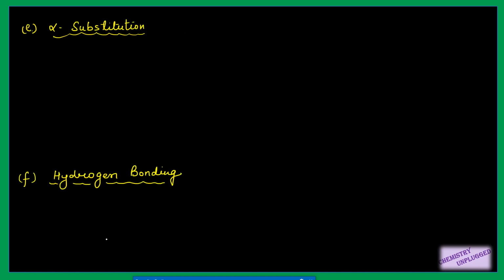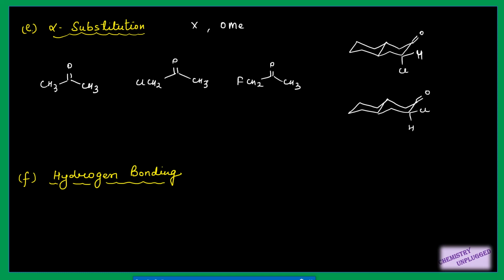Then we have the next effect, alpha substitution, and it is somewhat similar to the minus I effect, right? As in the case of the minus I effect, the CO bond becomes stronger in nature and the vibrational frequency increases. Similarly, when we have alpha substitution near the carbonyl group, its vibrational frequency will increase when this group is a halogen, or a methoxy group, right? So we have two example sets.